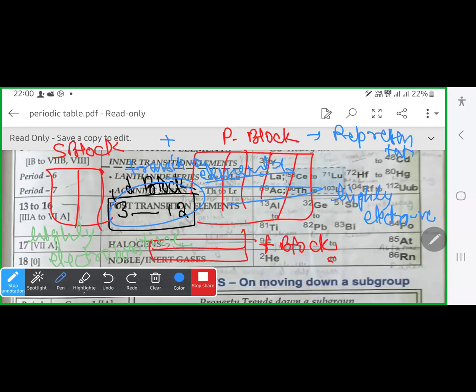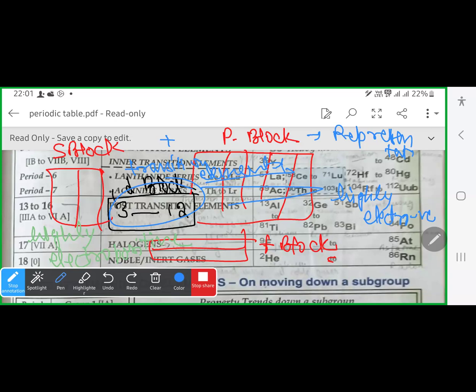That would be a difficult situation. So one side is highly electropositive and one side is highly electronegative, and you're sandwiched between these two. Clear? My kid is laughing at me because he is in the same situation.